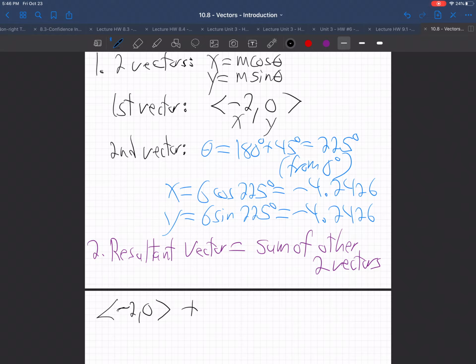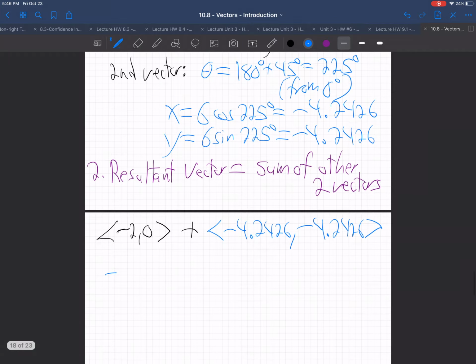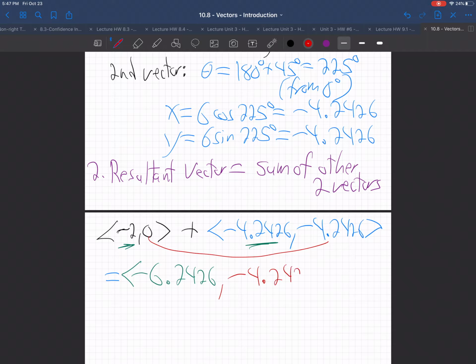Minus 2, 0, and add the second vector, which is minus 4.2426, comma, minus 4.2426. So I'm going to add those up, and that will equal the x and the x. That'll be minus 6.2426. I add the x with the x, and I add the y with the y, minus 4.2426. So there's the x added to x and y added to y. So that's the resultant vector.